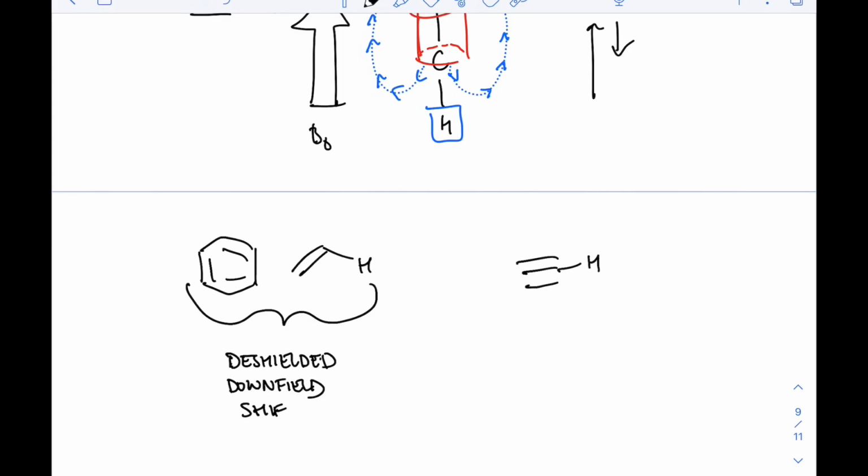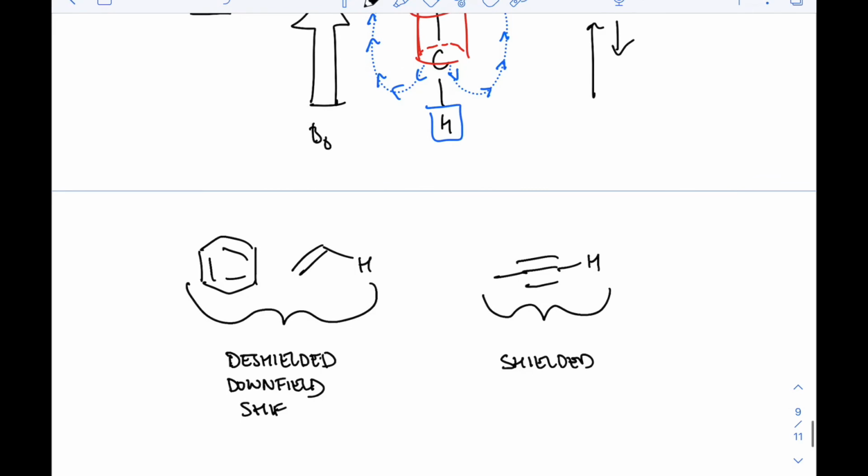And then we've got our alkyne. I don't need to do this, but I might as well. It looks like it needs to be there. And this is shielded, and it's an upfield shift. Okay, so that means that it's heading in that direction in terms of ppm, and downfield shift means that it's headed in that direction in terms of ppm.